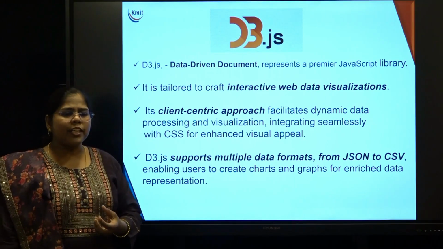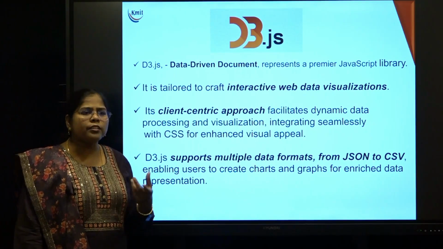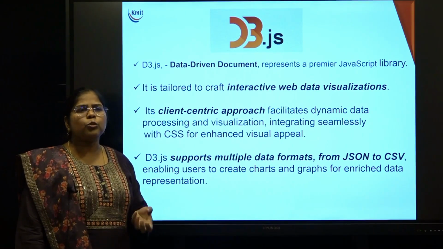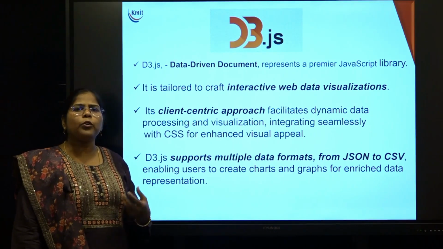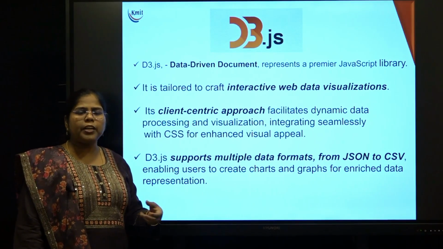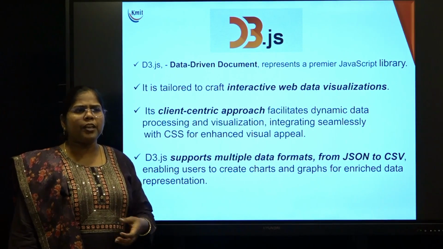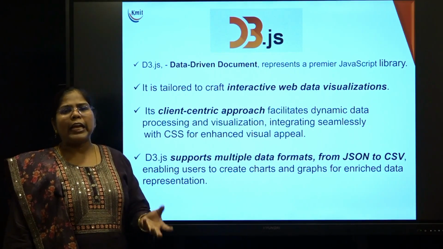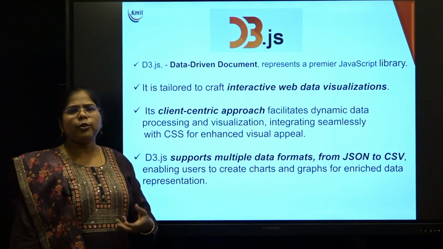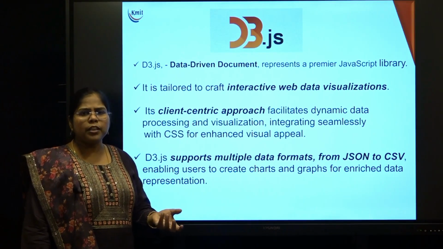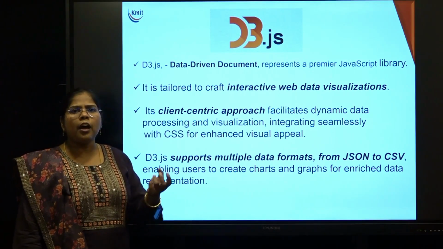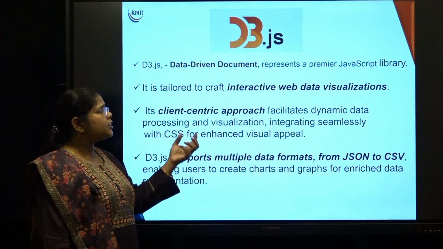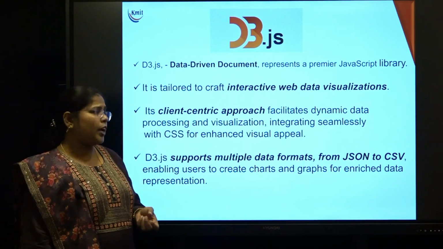Whenever we see a pie chart in Python, it is 2D or 3D, but it is not interactive. Whenever you want to create an interactive one, let me take the example of a COVID website. The COVID website is interactive. Whenever you search for some data, it shows in an interactive way. D3JS can do that.